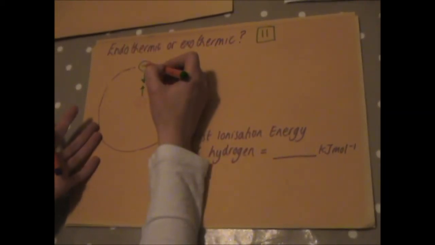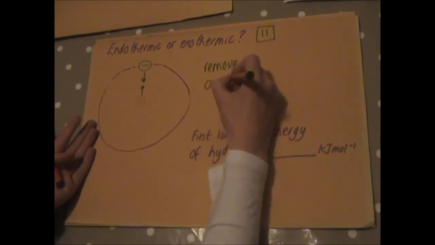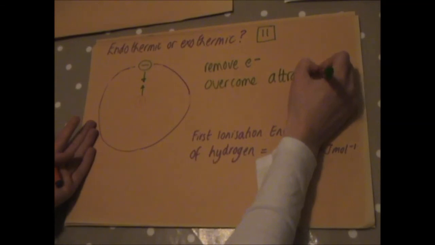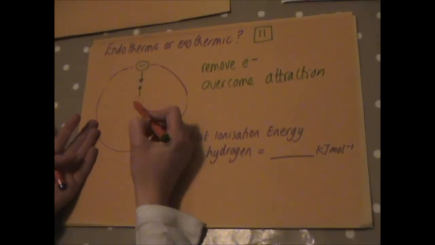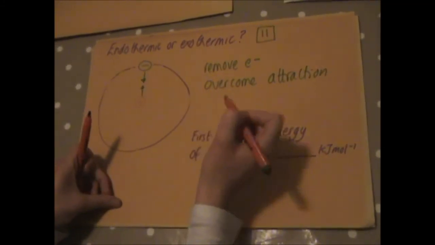So if you want to remove the electron, you have got to overcome the attraction between that electron and the proton in the nucleus. So because you've got to overcome a force, you've got to put energy in.